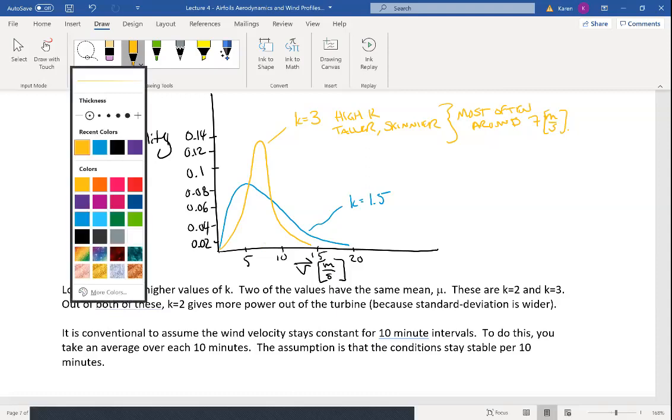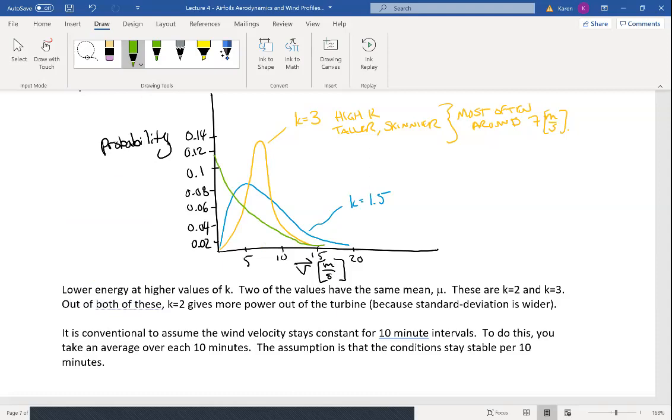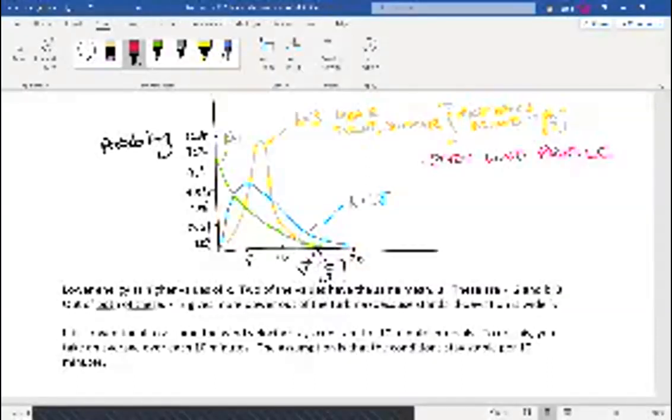And what you would not want is something like this. A very low K value would look like this. You need to study the wind profile.